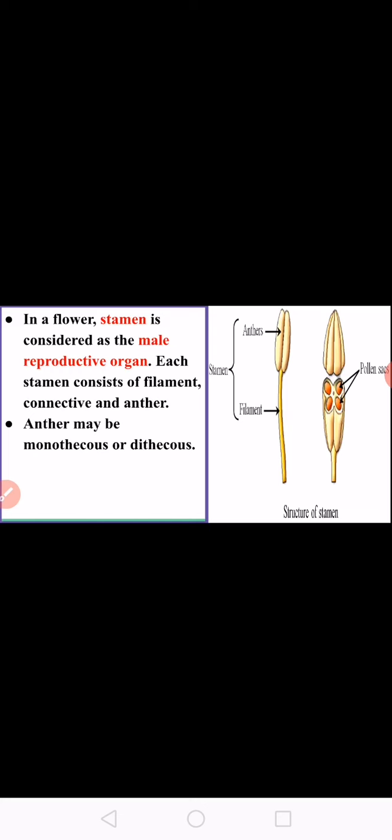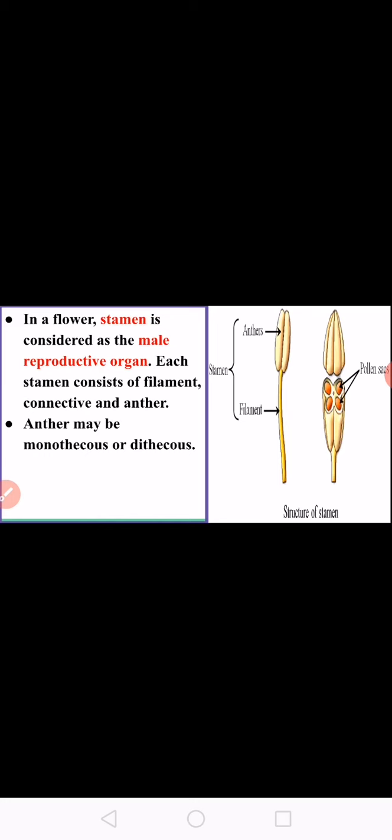Now this male reproductive organ, the stamen, mainly consists of 3 parts. They are filament, connective and anther. So these 3 are the parts of a stamen: filament, connective and the anther.